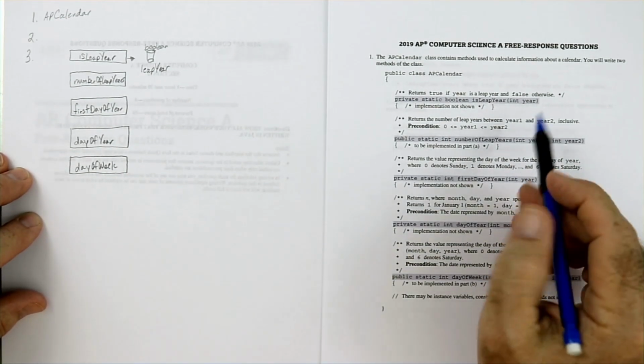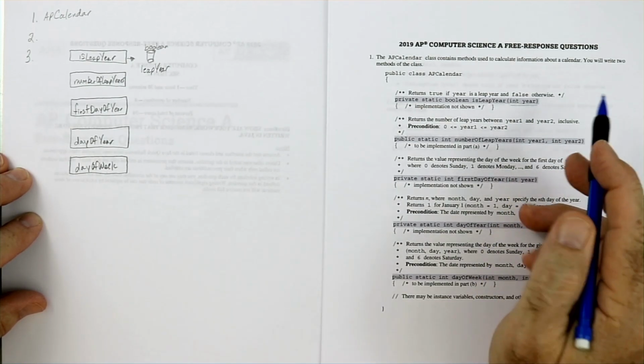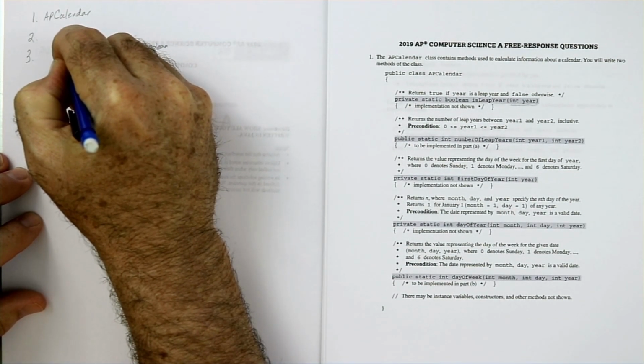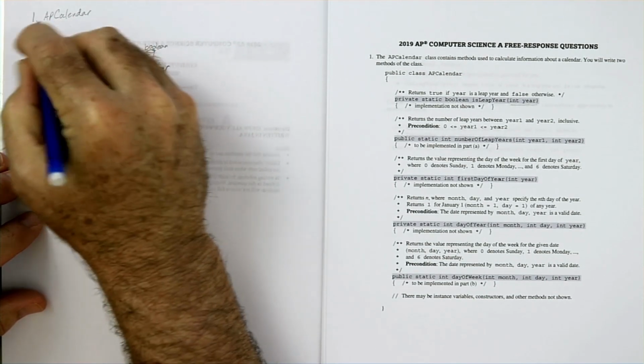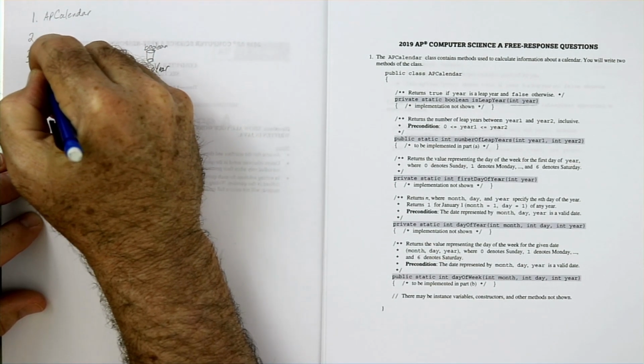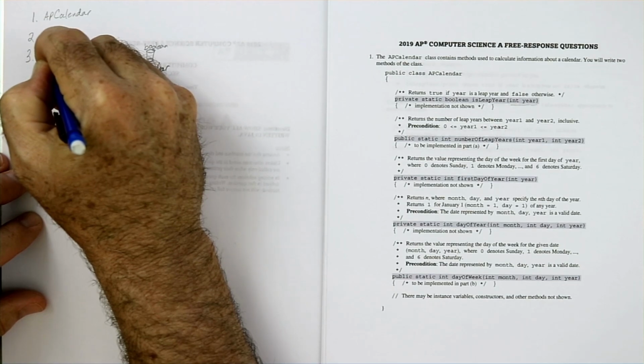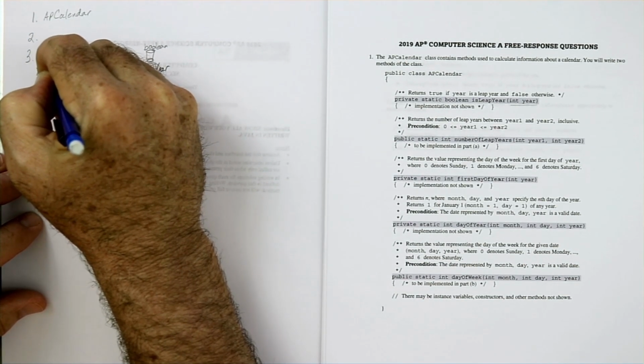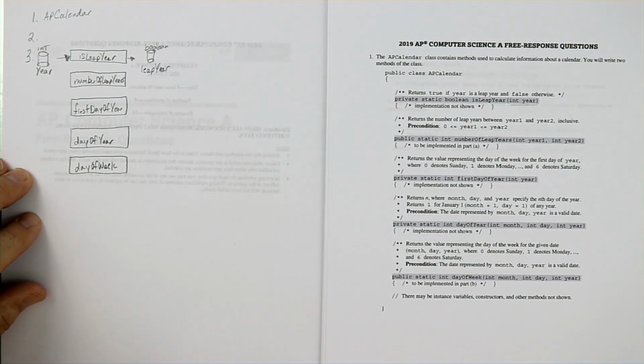Oh, and then if you look, what's coming in is an int year. So you got to go here, and again write this int, and it is going to be a year. So that's what's coming in.